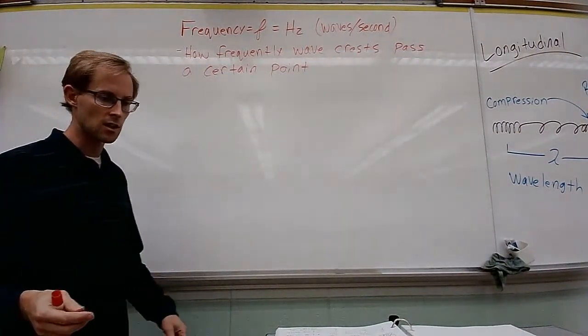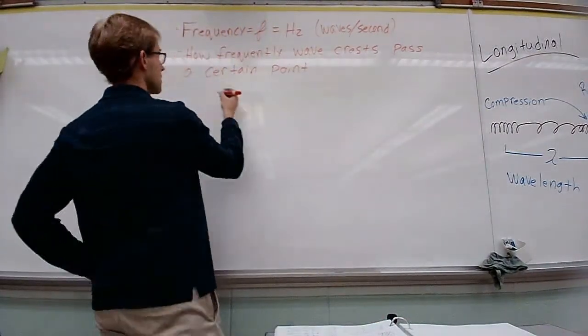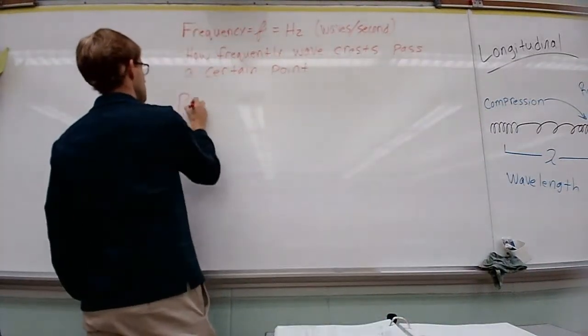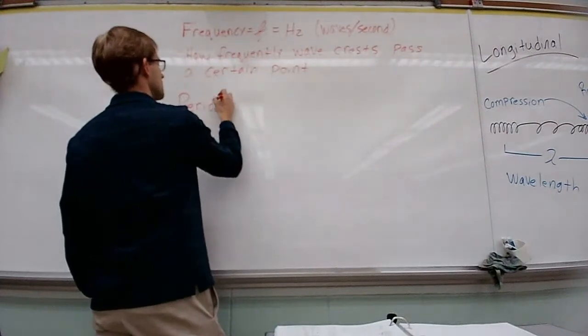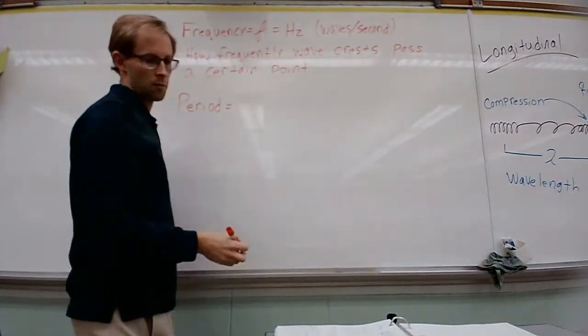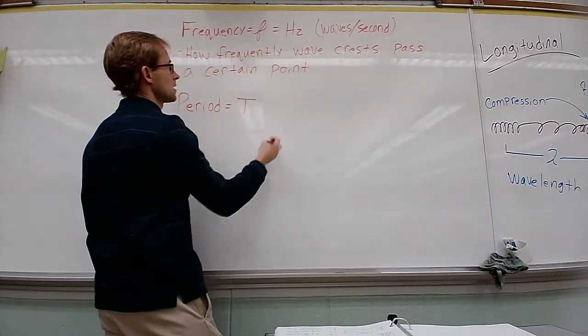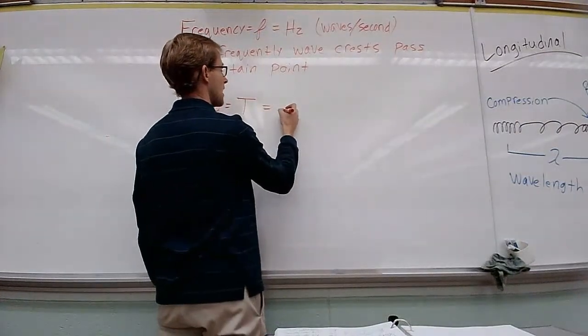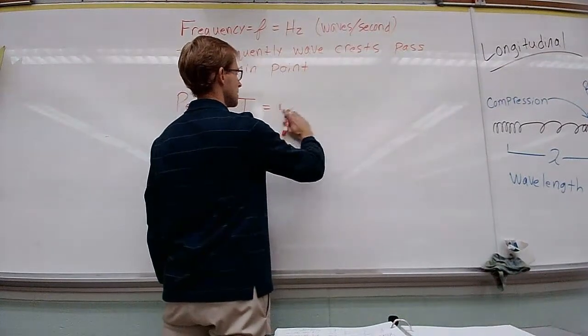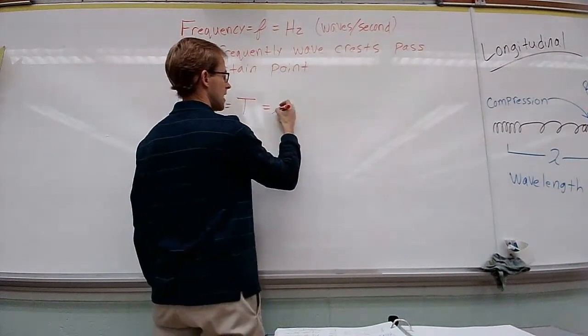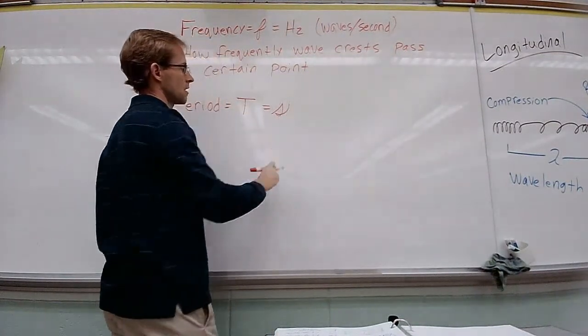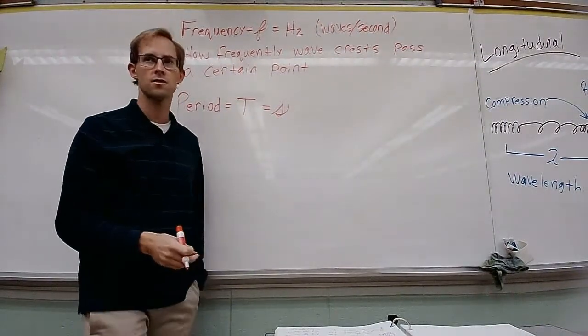The other thing that you need to know is period. And period is abbreviated with a capital letter T. The units on that are seconds. And when I write seconds, I have it as a cursive S, just so it doesn't look like a 5 or something.